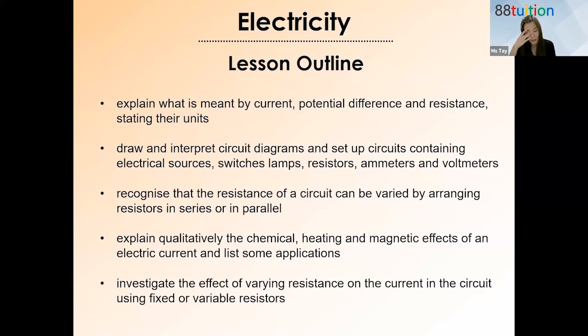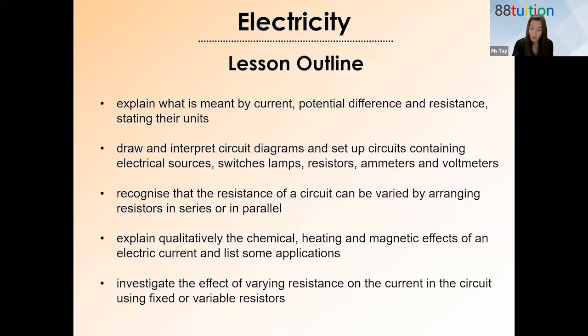You must know what is the meaning of current, potential difference, resistance. You also need to know the units for each of these. Now, you need to draw and interpret circuit diagrams, set up circuits containing electrical sources, switches, lamps, resistors, ammeters, and voltmeters.